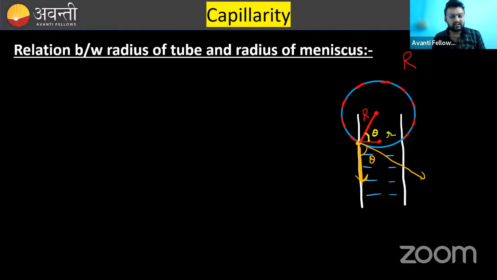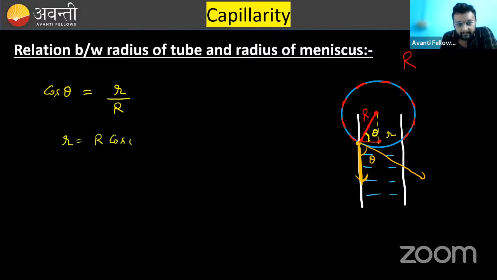If this angle is theta, then what is the value of cos theta? Cos theta will be base over hypotenuse. Base is small r. Hypotenuse in this right angle triangle is capital R. So the relation you can see is r is equal to capital R cos theta.